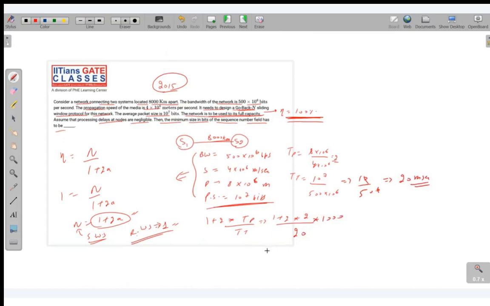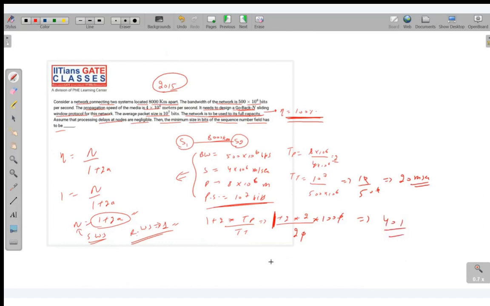Let me check that out. Yeah, everything is fine, I hope so. So what should be the value here? 1 plus 2 into 2 upon 20 milliseconds, so it comes out to be 401.